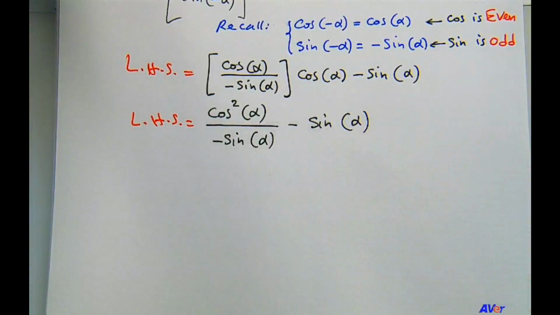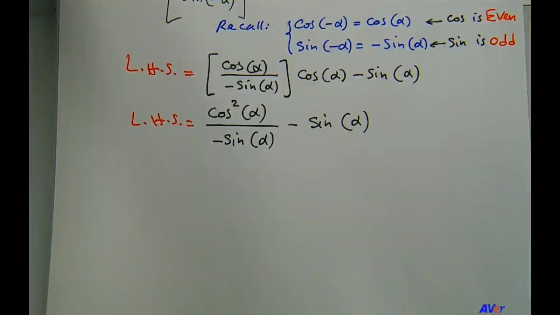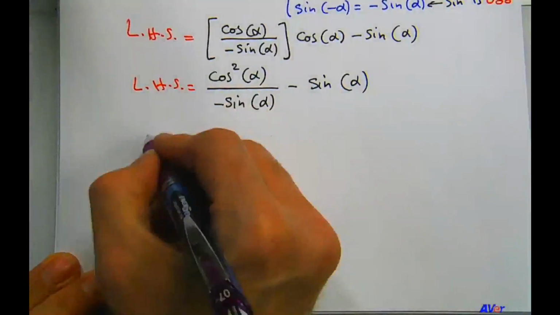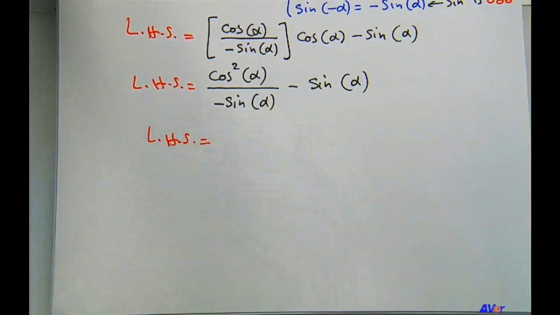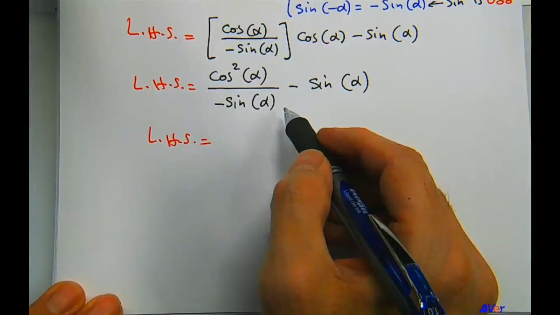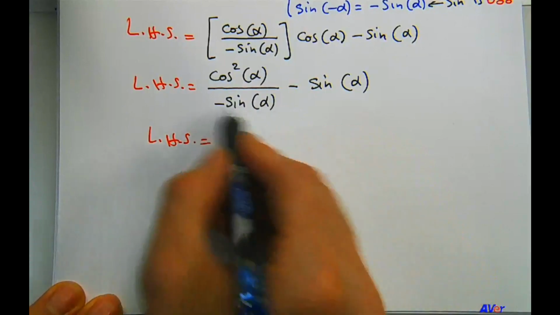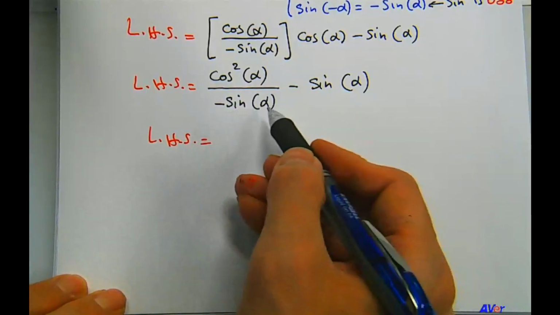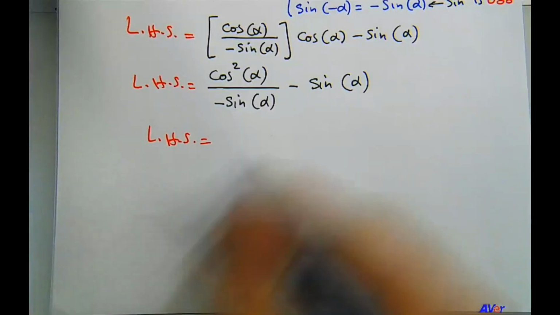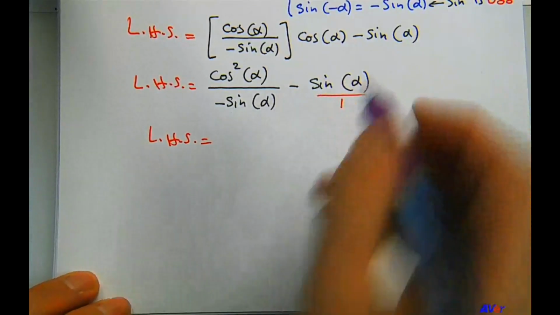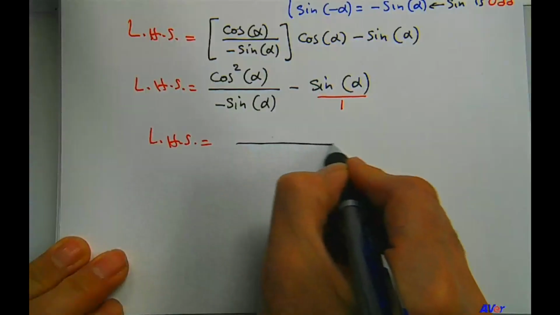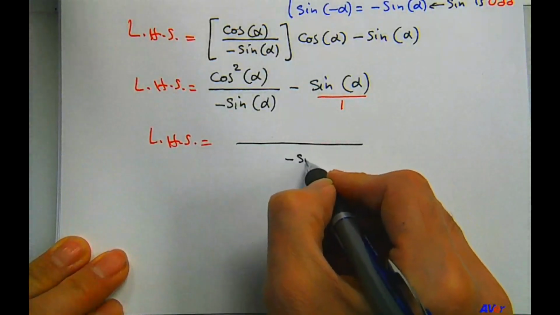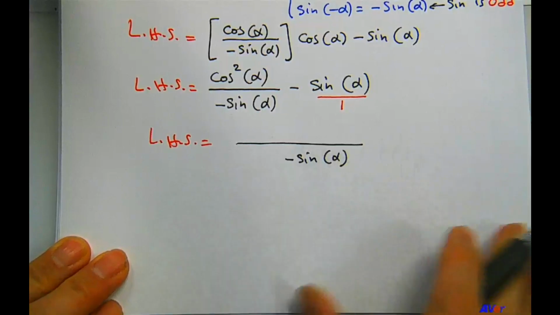So let's do that. So the left-hand side is equal to, what would be the common denominator? The common denominator would be minus sine of alpha. So the denominator here is 1. So the common denominator, we have minus sine of alpha.